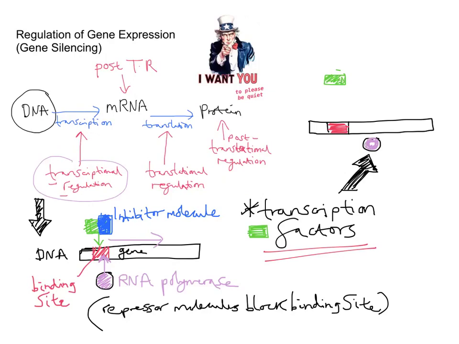but we had our transcription factor inhibited by an inhibitor molecule. Then you can have estrogen, or molecules like estrogen, bind to the transcription factor, and when it binds, it changes its shape.